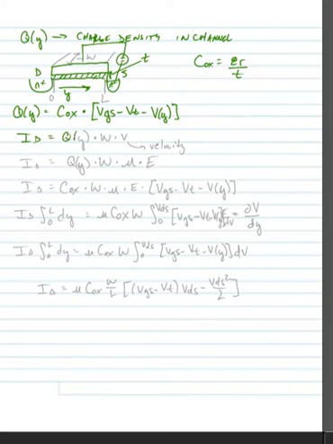Now we know that our current is equal to the charge density times the width of the channel. So if we were to imagine this going into 3 dimensions, the width of the channel would be this dimension, times the velocity of the particles.